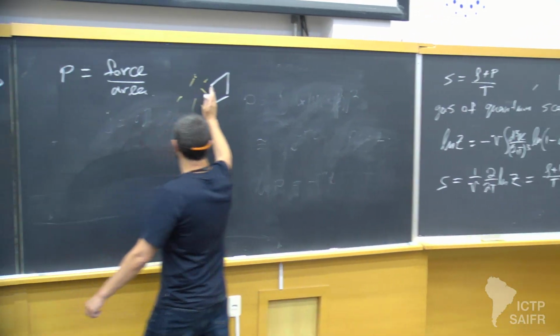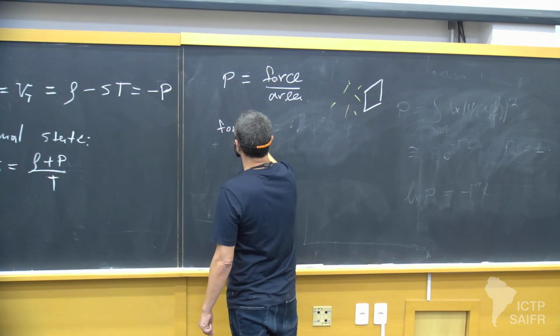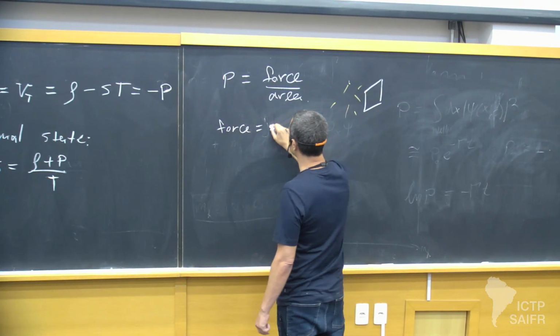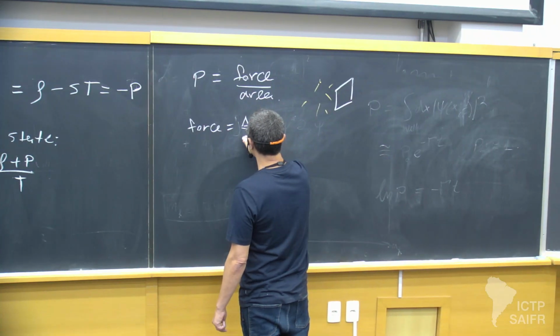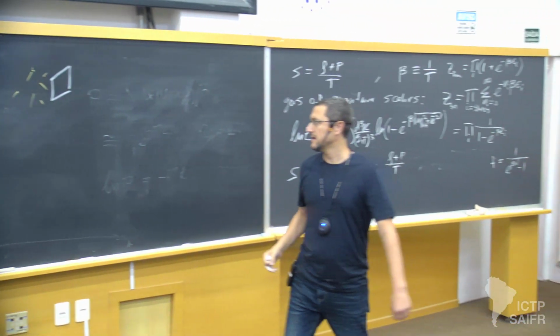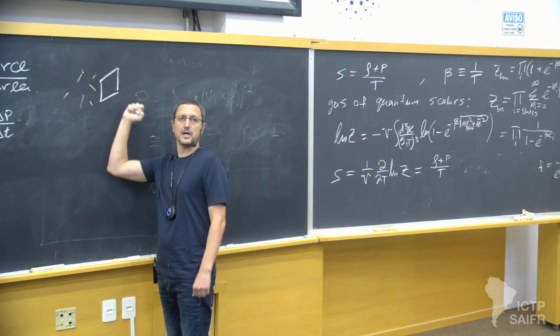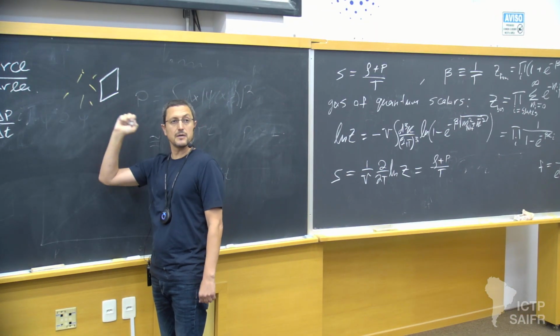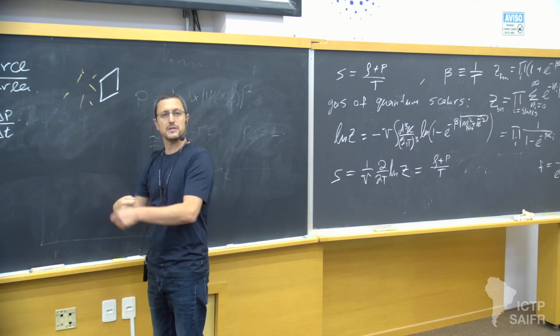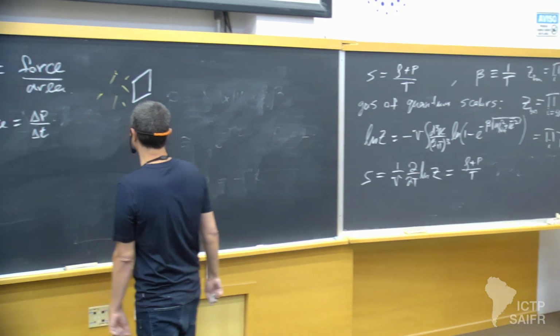The force across the wall, the force F, is momentum change per unit time. It's the amount of momentum that a particle exchanges with the side of the box when it collides with the box per unit time, because momentum is being exchanged all the time by particle collisions. So in general, force is momentum change per unit time.